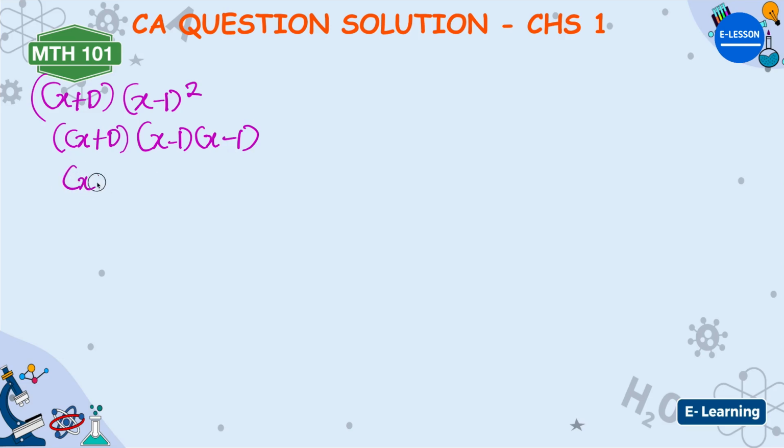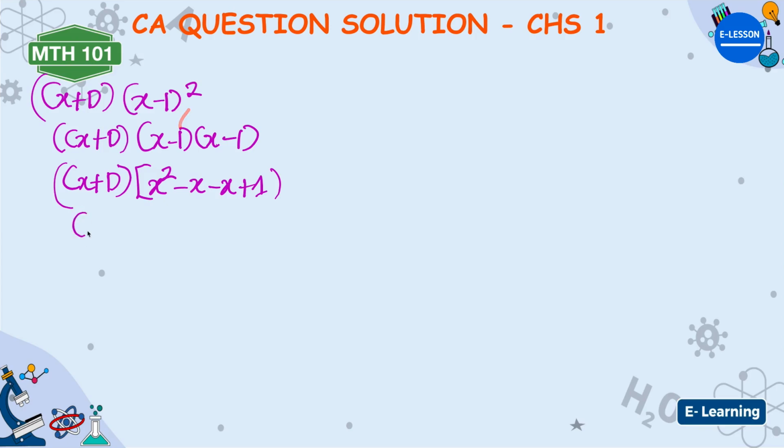So this will give us Cx plus D bracket x times x will give us what, my dear student? x squared. x times minus 1 will give us minus x. This will give us minus x and then plus 1. If you do normal mathematics and expansion, this multiplied by this x squared. x times minus 1 minus x. Minus 1 times this x here minus x. Is that okay? Then minus 1 times minus 1 will give us plus 1.